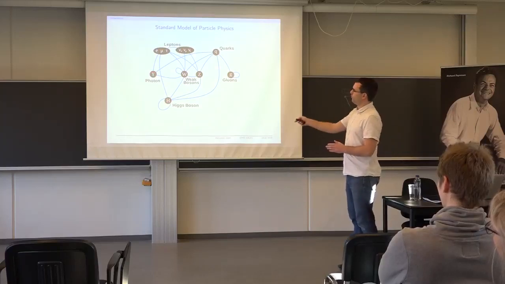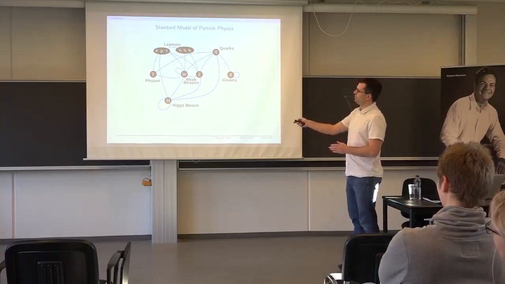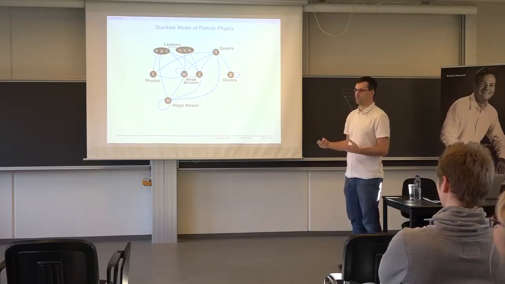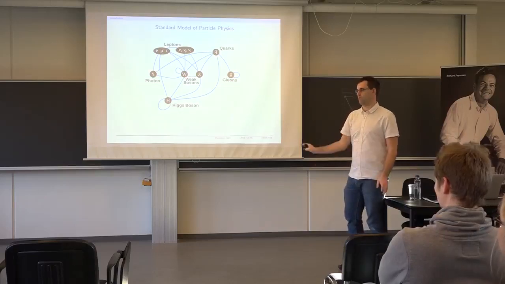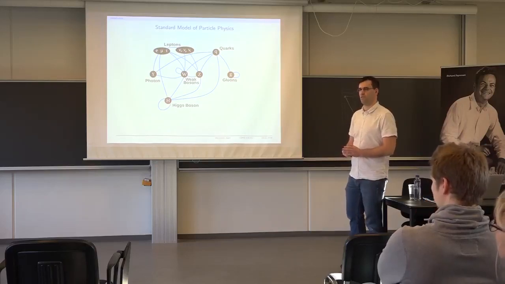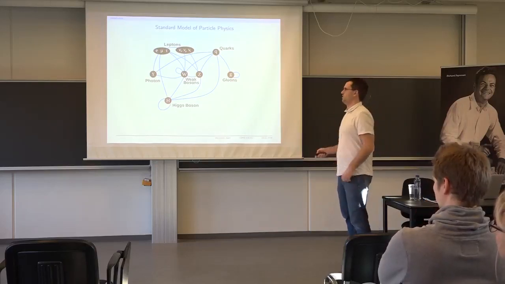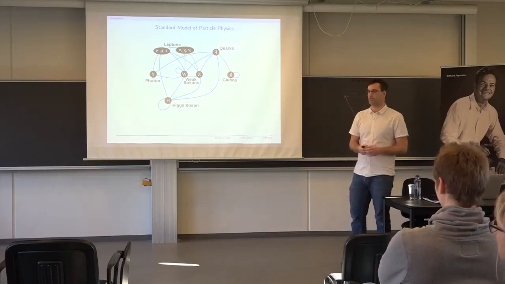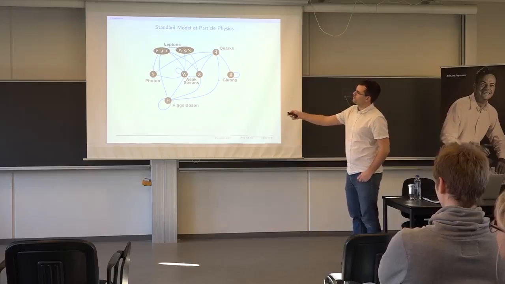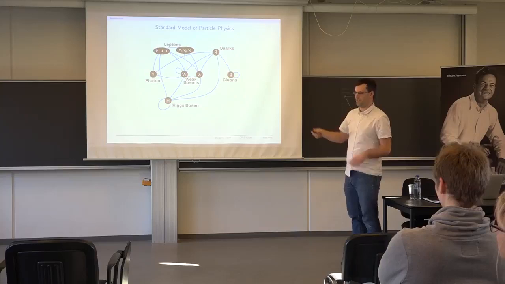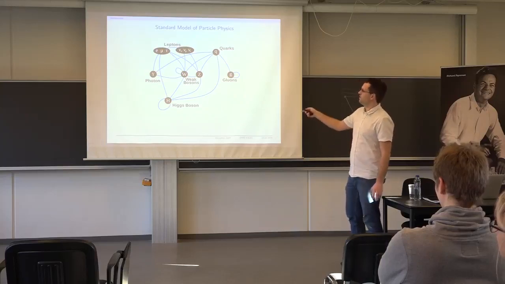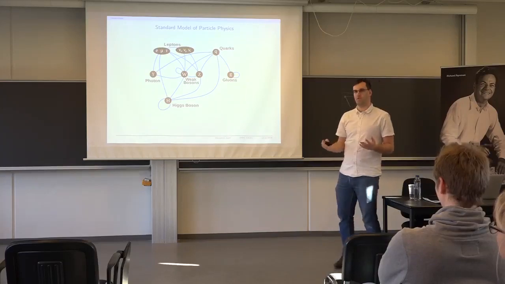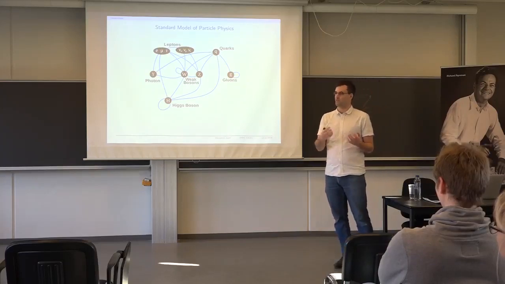Then we have, again, our force carriers, where we have the strong force, the weak force, as well as the electromagnetic force. And since gravity is so small, in the standard model it's not taken into consideration. So there is no graviton yet, but this has to be discovered and still is looked for. Then there's the constitution of matter, the quarks, as well as the electron and the neutrino partners. And you can see basically the gluons only couple to the quarks, meaning the strong interaction only couples to the color of the strong force.